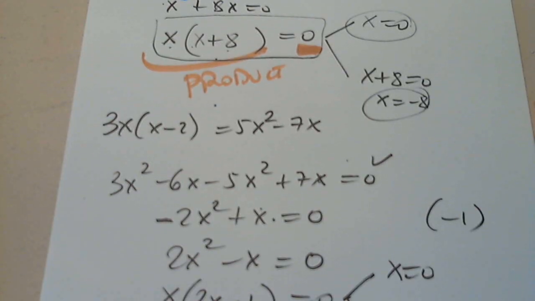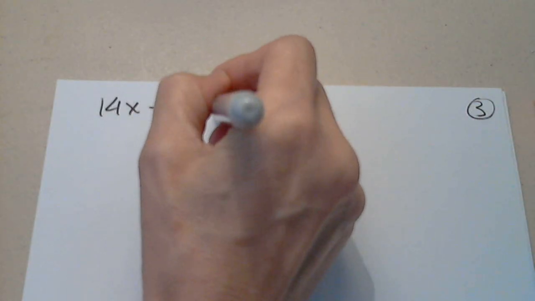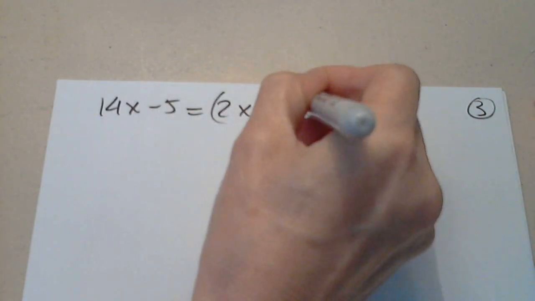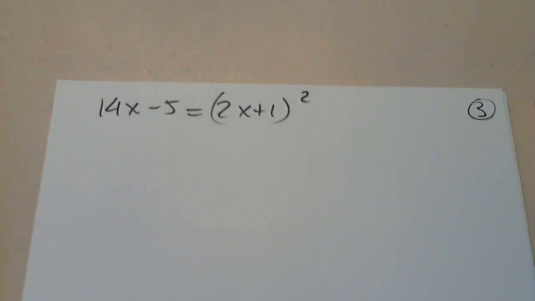Okay, let's work on this one. You choose, remember. If you want any problem, we will work on any problem. So 14x minus 5 equals 2x plus 1 squared. Okay. What do you think we need to do as the first step?